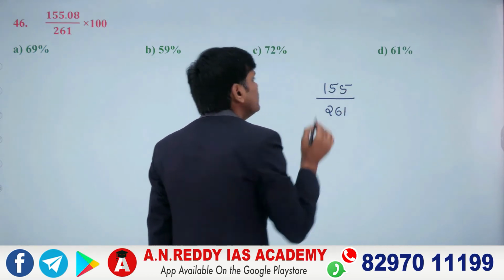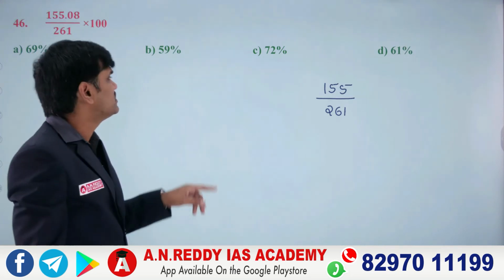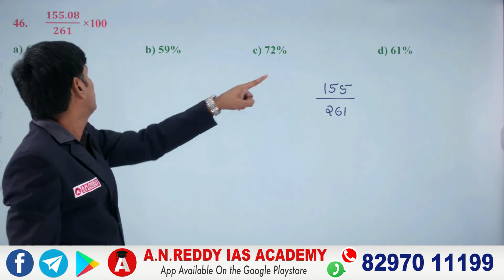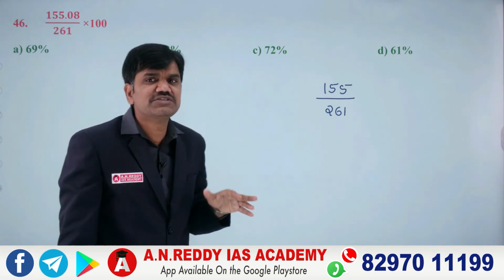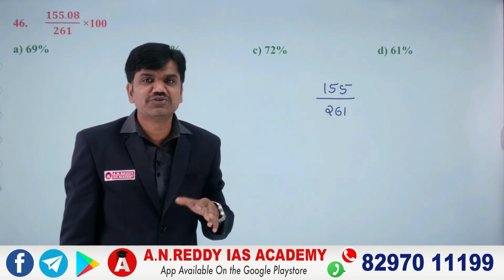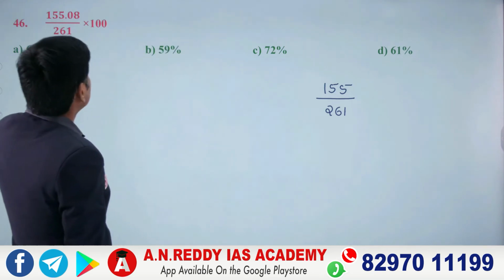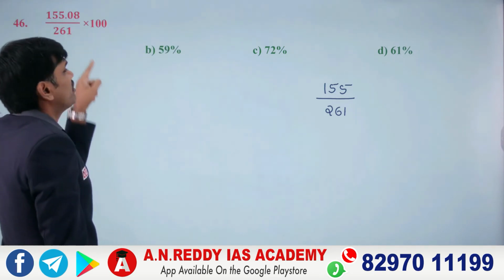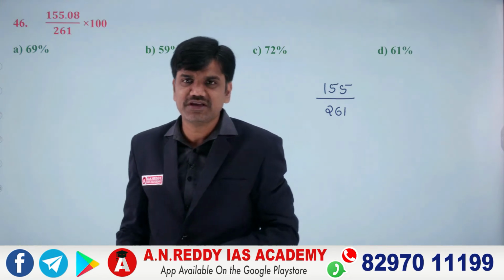But the problem here is, you may get a doubt saying that, sir, you are having 59%, 61% which are very near, and 69%, 72% which are very near. So then what should I do, sir? You just observe one thing. 1% of this one is what? 2.61. Whatever we have removed is not even 1%. 155 I am taking, right?